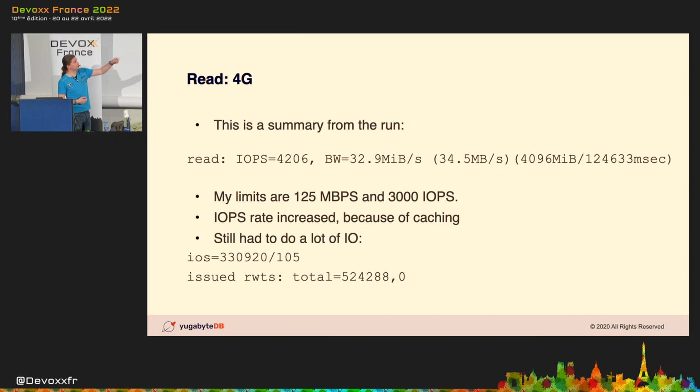And that is what this shows you. This is still an enormous amount of time, because of the total of roughly 500,000 I/Os, I did 330 I/Os.